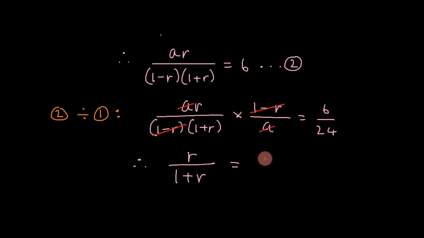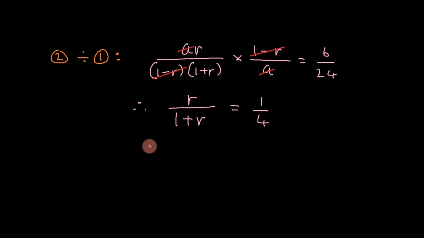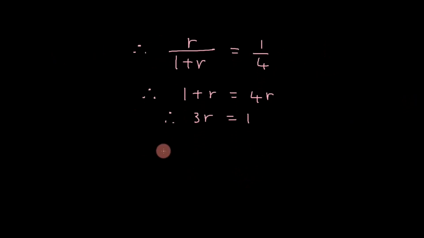And this must equal 1 over 4. We can cross multiply. 1 plus r times 1 equals 4 times r. And in solving for r, 3r equals 1, and hence r will equal a third.